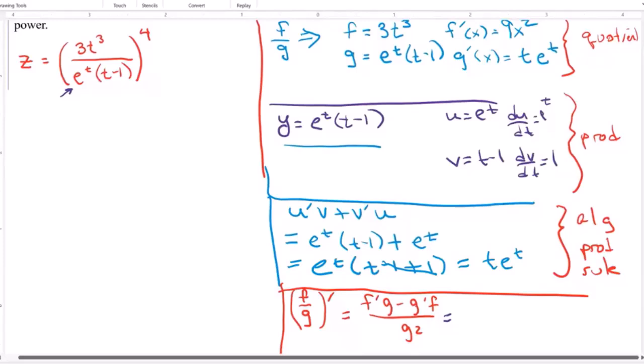So f prime, 9x squared, times g. G is e to the t times t minus 1, minus g prime is t e to the t times, so g prime f, 3t cubed.